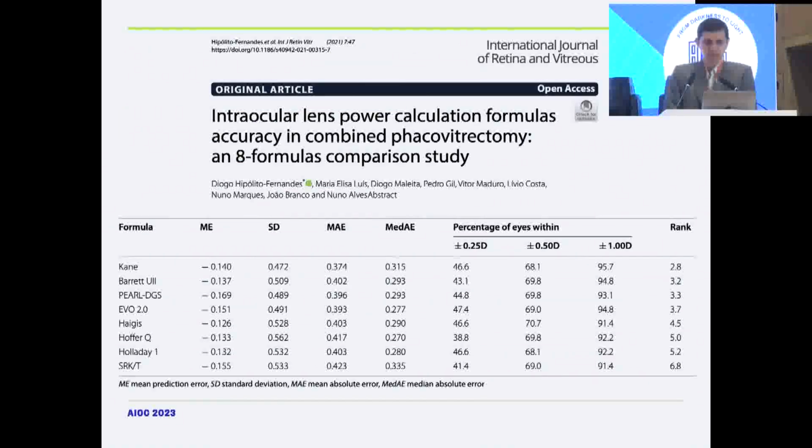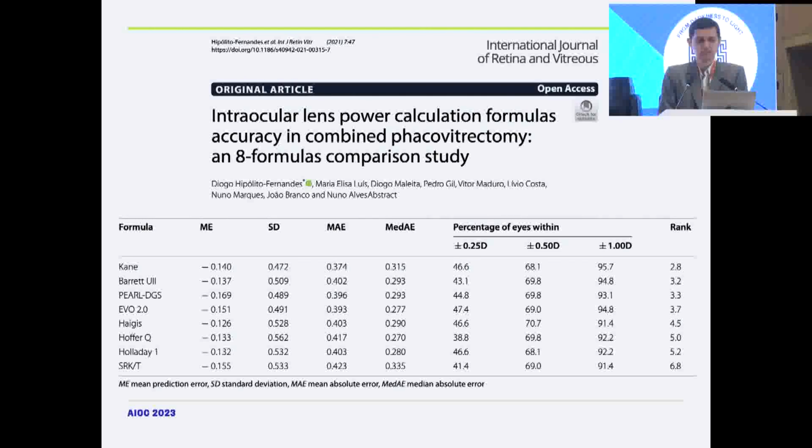So this is an article which compared 8 formulae, not all, but the Kane, Barrett Universal 2, Pearl, Evo, Huygens, all were compared, and they found that they did rate Kane to be higher than Barrett Universal 2, but if you see the mean error is minus 0.14 to minus 1.5.